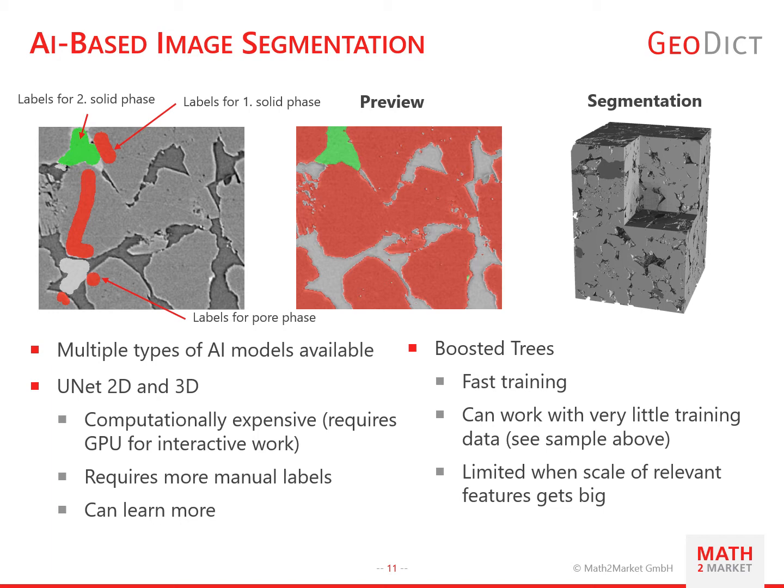That model is really fast in training, so it doesn't matter how much you paint because it doesn't really get slower. And it can also work with very little training data, but it's kind of limited. So if you, for example, have cases where the features that decide to which phase a certain voxel belongs are very big, then the boosted tree method will get to a limit at some point.